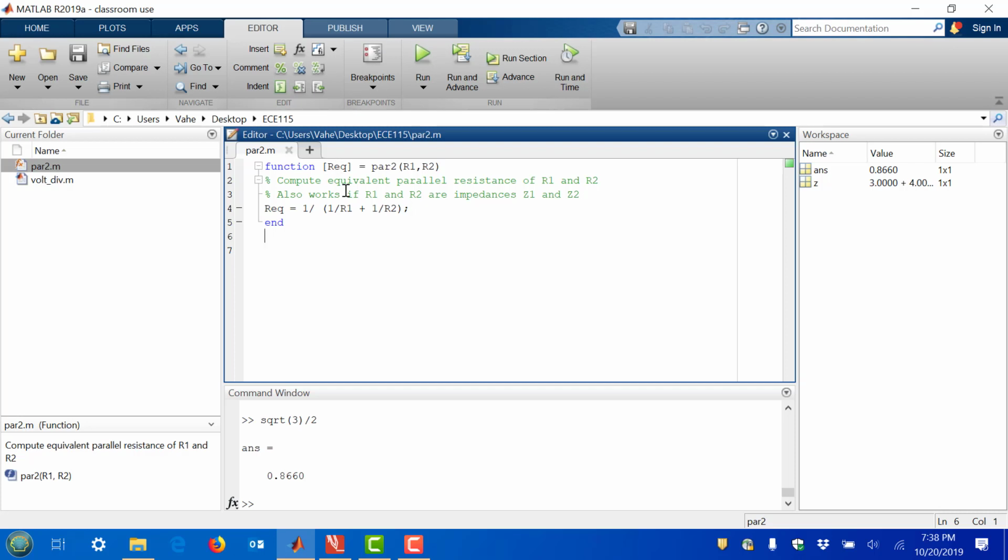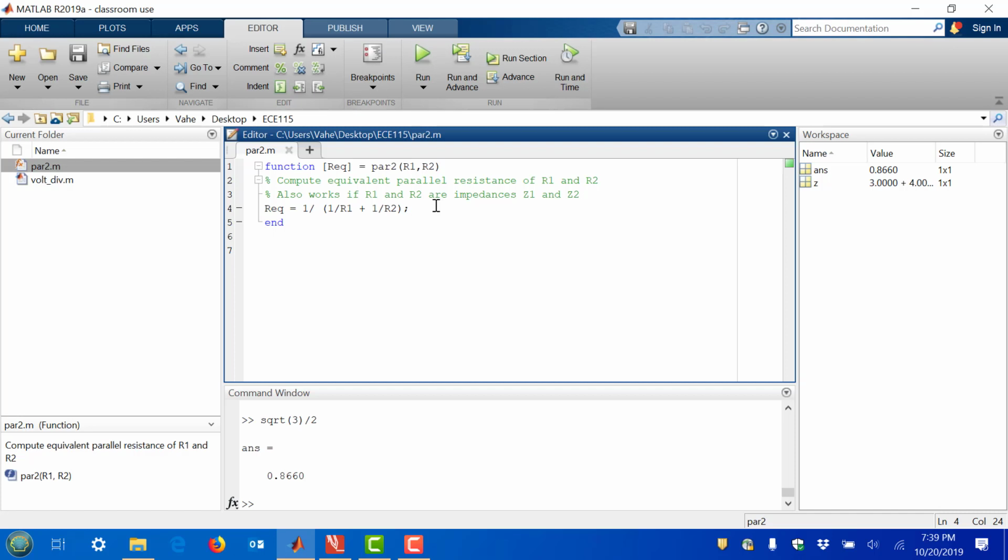The output is called REQ, and the inputs are R1 and R2. Now, how do we get REQ from R1 and R2? Well, if you give this function R1 and R2, it computes the parallel combination. How do you get the parallel combination? You do 1 over R1 plus 1 over R2, and you take the inverse of that, right? That's exactly what's going on in this equation. Very, very simple, but that's all that's going on here.